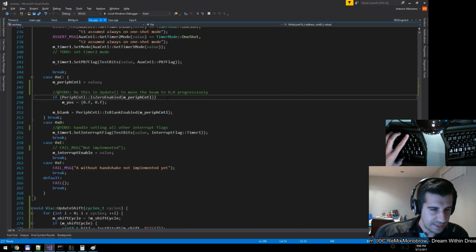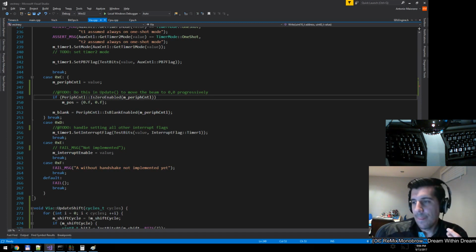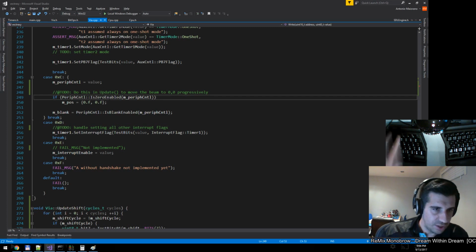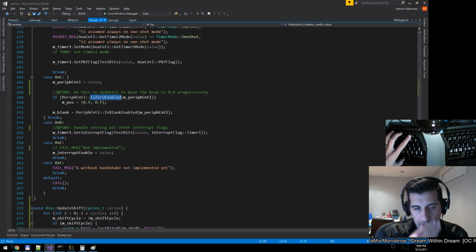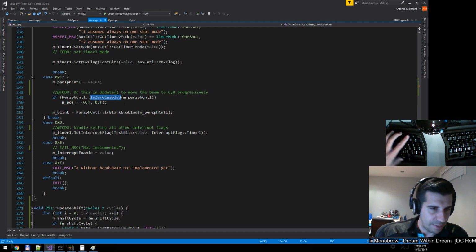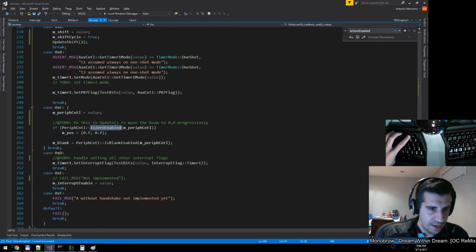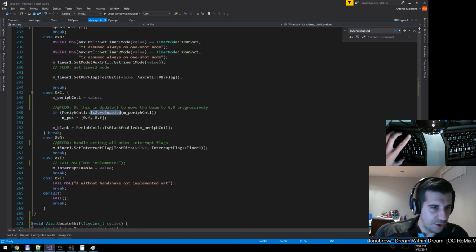And in fact, there was something I was thinking about, and I think it had to do with the 0 enabled here. So before I do that, I just want to look at this again, because I think I'm not doing it right. What I've done is that I know that when we write to the peripheral control, that will set up whether we want a blank or not, and it also sets up whether we want a 0.